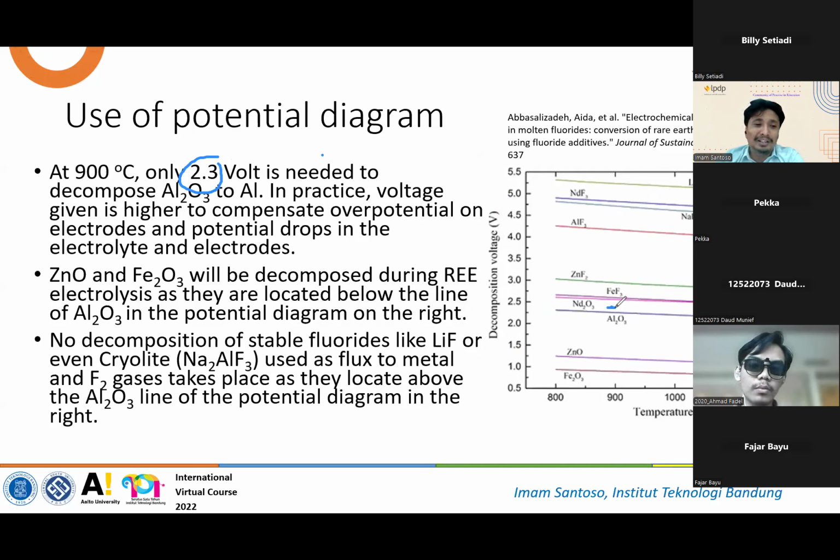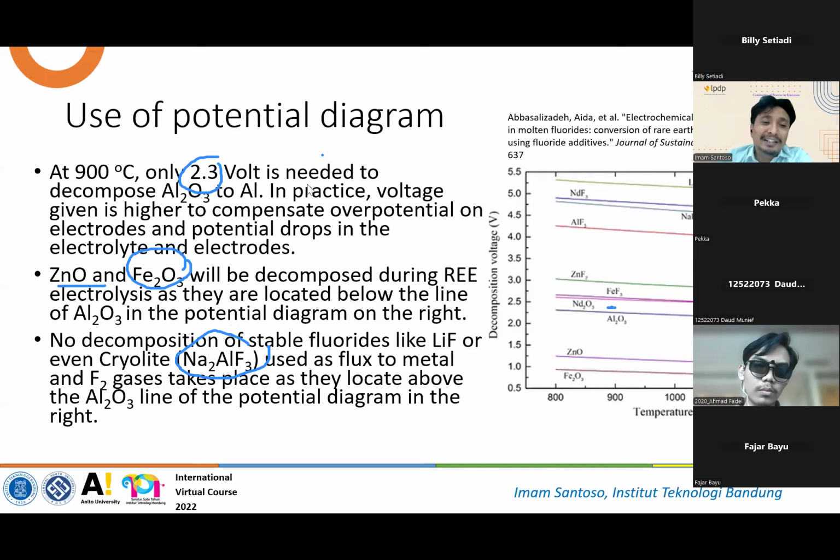So it will decompose ZnO and Fe2O3, but no decomposition of cryolite. Okay, sodium aluminum fluoride. Cryolite is one of the electrolytes used in the Hall-Héroult process to lower the melting point of aluminum oxide. Okay, guys.